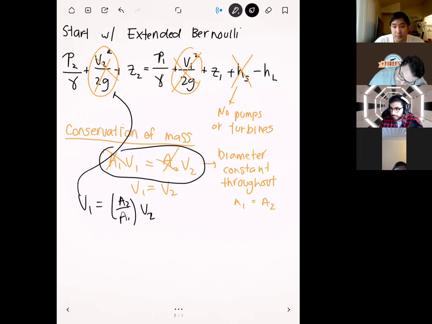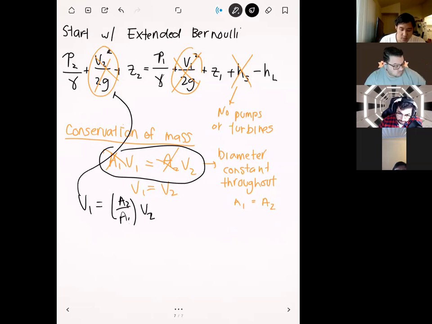And if they don't have equal area, then you're probably also going to have an additional minor loss from either an expansion or a contraction, just like what we just finished going over. But in this case they are equal, so we can cancel them out.